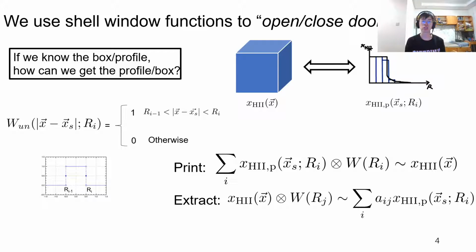We just sum the convolution between one-dimensional profiles and different shell window functions. The inverse one, the extract operation, is a little bit complicated. We need to convolve three-dimensional realizations with different window functions first, and then solve the linear equations with the convolution results as their coefficients.